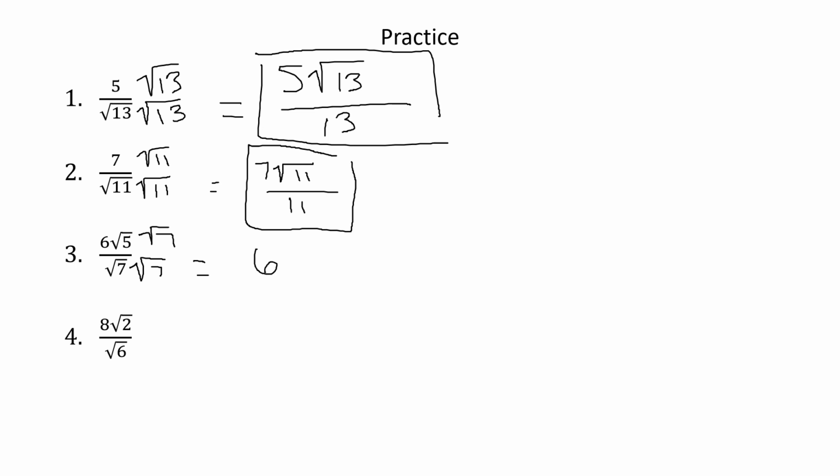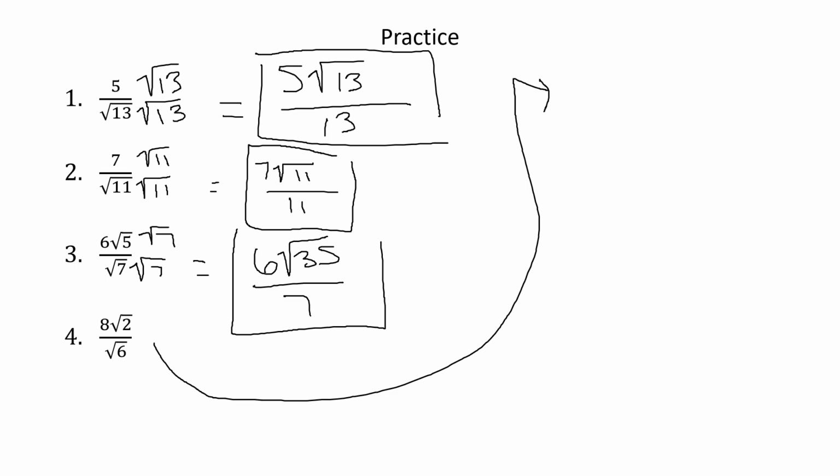Square root of 5 times the square root of 7 is square root of 35. Square root of 7 times the square root of 7 is 7. Now if I look at that fraction, 6 over 7, I can't simplify that. So that's going to stay. 35 is just going to be square root of 5 times the square root of 7, so technically that can't simplify. So there's that.